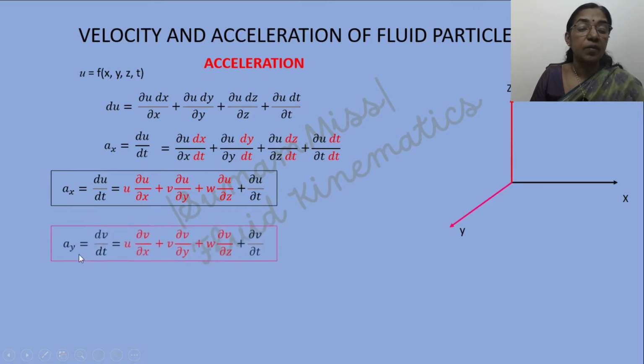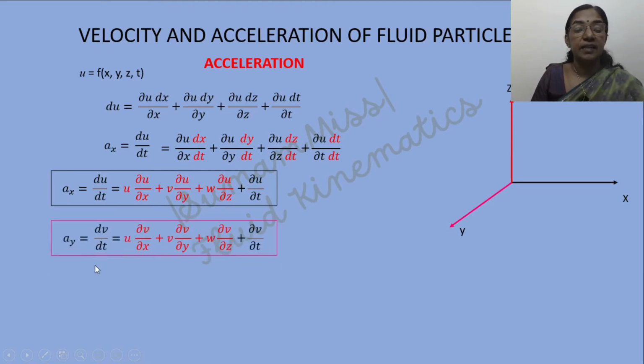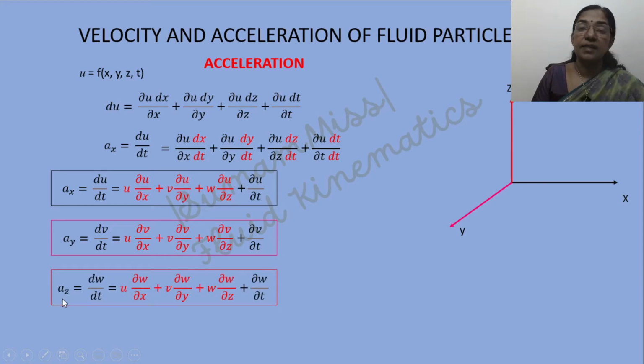So ay equal to dv by dt, that is equal to u into dou v by dou x plus v into dou v by dou y plus w into dou v by dou z plus dou v by dou t. Similarly, we can write down the expression for az, that is the acceleration component in z direction.